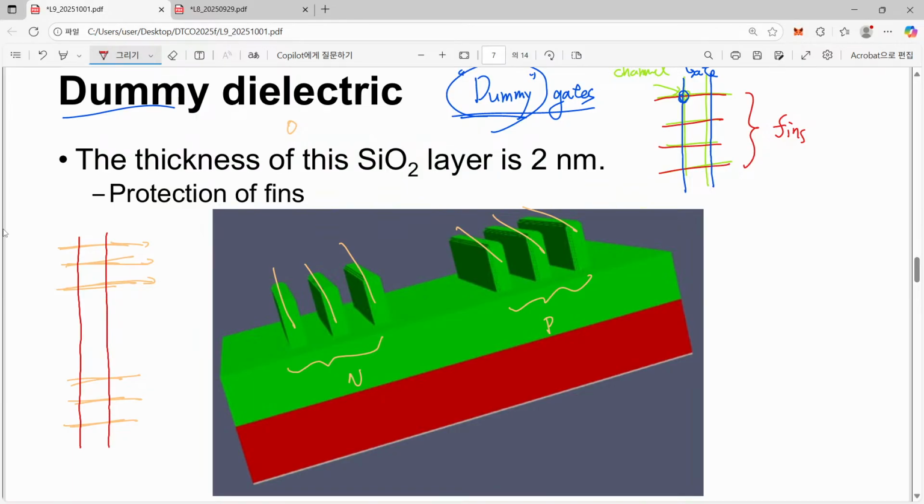That should be the direction for our gate. And in this 3-dimensional structure, please try to draw your own gate. Your gate should run in this way. The minimum spacing or minimum pitch between these two lines is called the CPP, and this is 54 nanometer in this case.